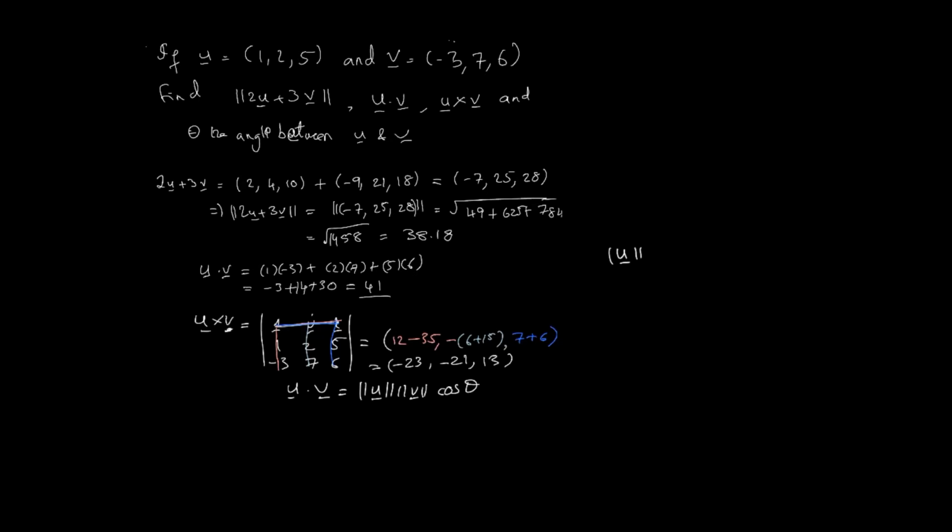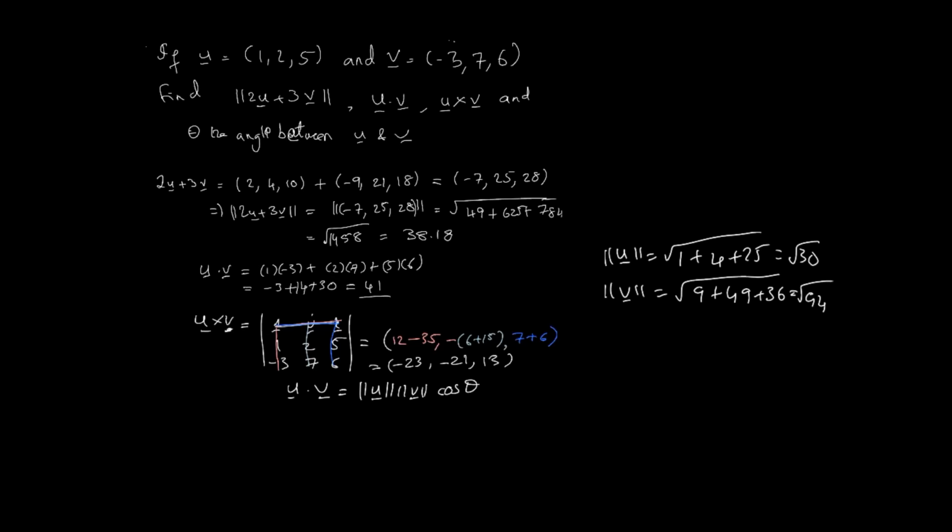The norm of u is going to be the square root of 1 plus 4 plus 25, so it's going to be the square root of 30. Okay, and the norm of v is going to be the square root of 9 plus 49 plus 36. So that's equal to the square root of 94.